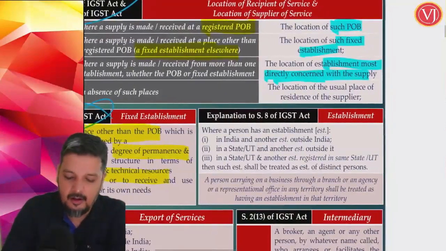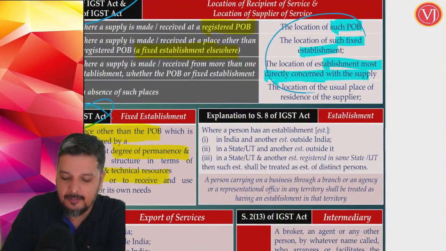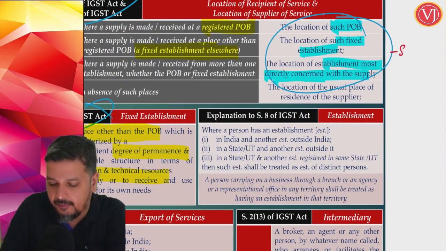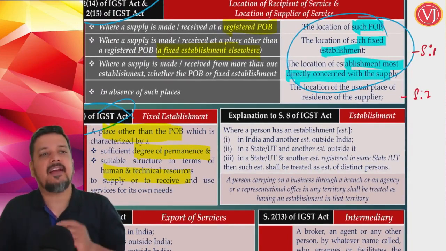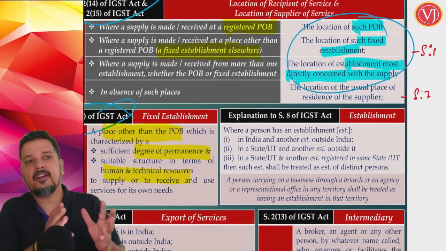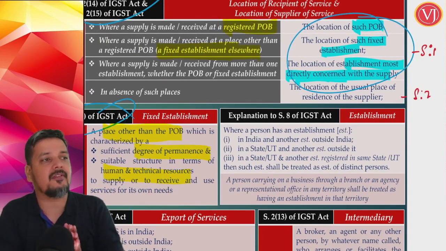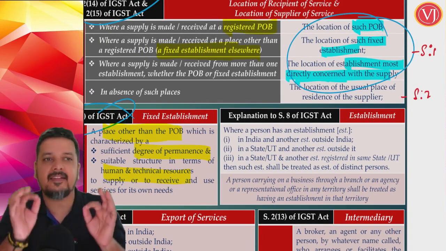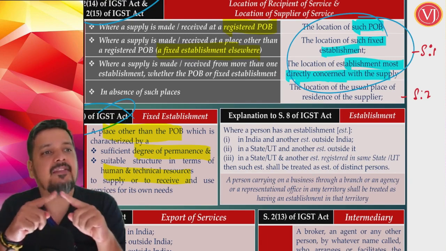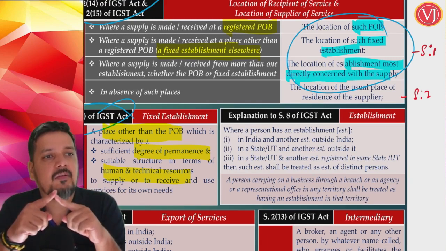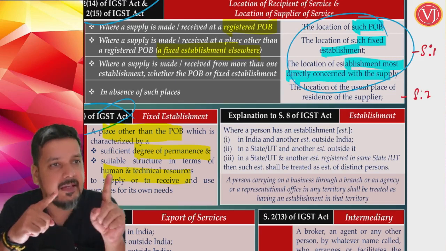Actually, all these 3 points are utter time pass. You can remember this as step 1. For finding out the location of supplier of service, it is neither the registered place of business, the main place of business, nor the fixed establishment. It is that place which is more directly concerned. If my team of Delhi is giving that service, what is the location of supplier of service? Delhi.